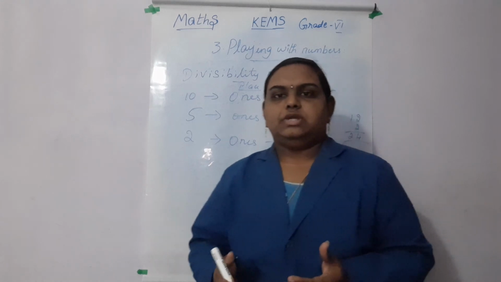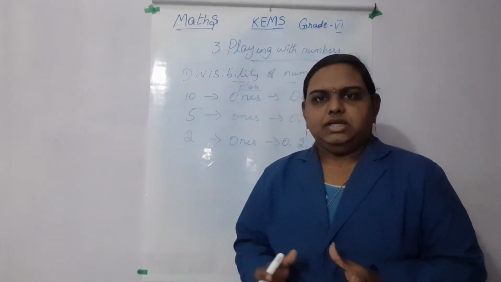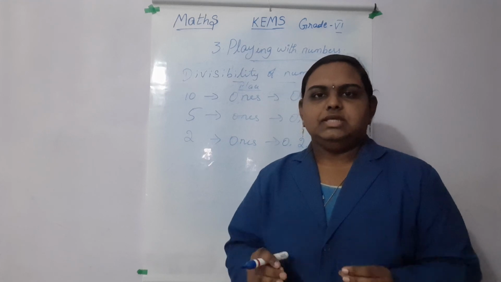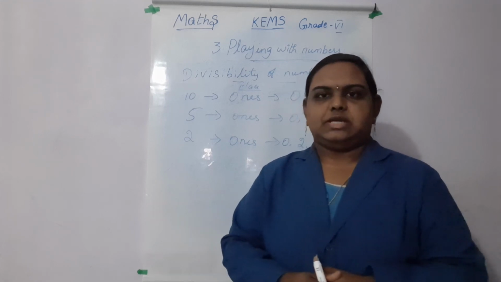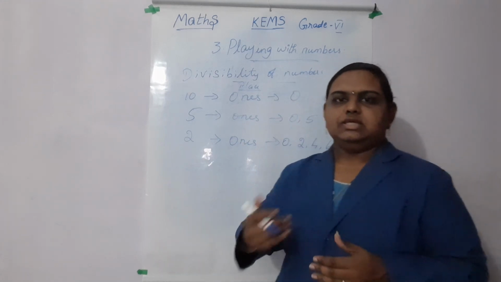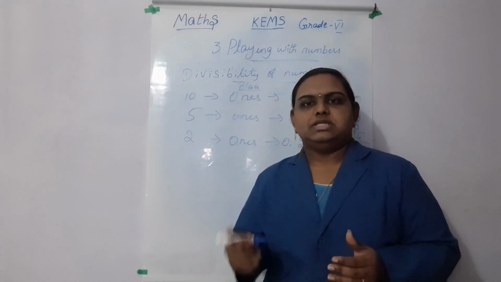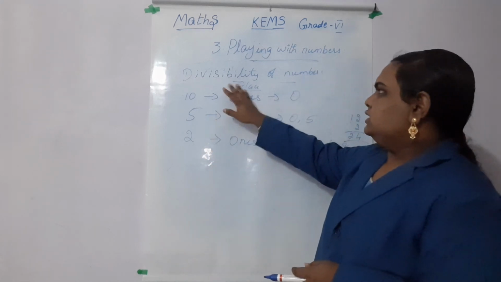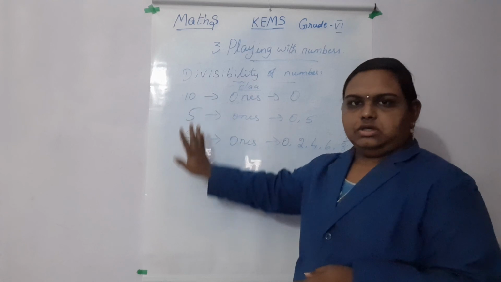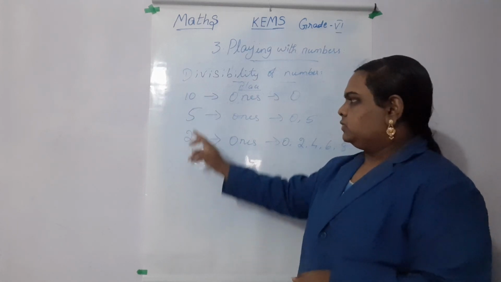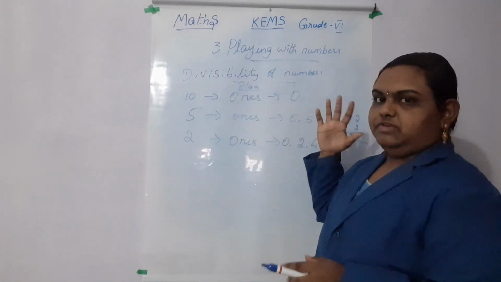We learned more topics today, but these topics are very simple topics in this chapter, so I am taking these topics in one class. Okay. So for divisibility, we have to learn only these 3. Okay. Easily we can find.